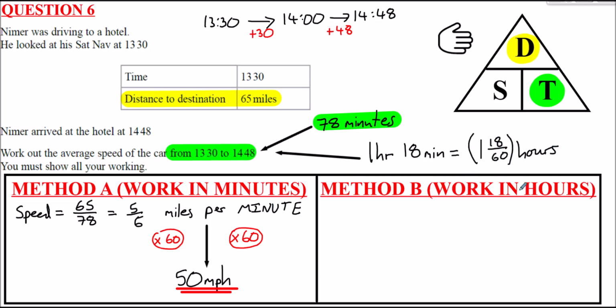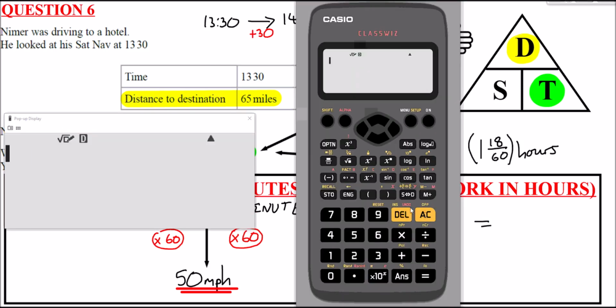So doing it directly, the method being in terms of hours, speed is distance, which of course is 65, divided by time, which we're going to work in hours. So keep it as a fraction. I'll show you how to do this on a calculator. So, press the fraction button, 65.